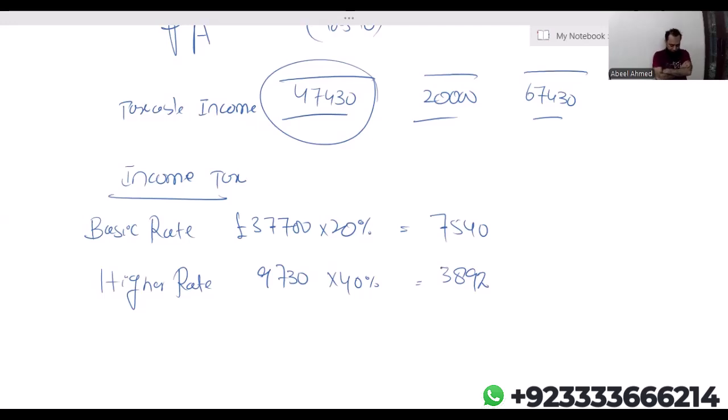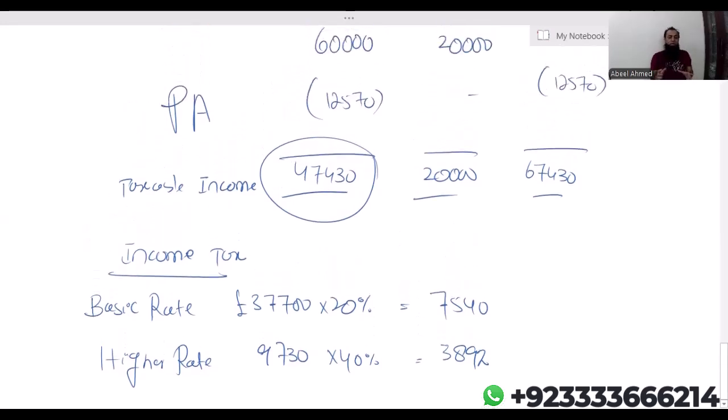Now listen carefully. Whenever you are going to apply tax rates on the saving income, first of all, you need to check the individual's tax paying status. Why? Because on the basis of the individual's tax paying status, we decide the nil rate band. Now the question is, how do we decide the individual's tax paying status? It is very simple.